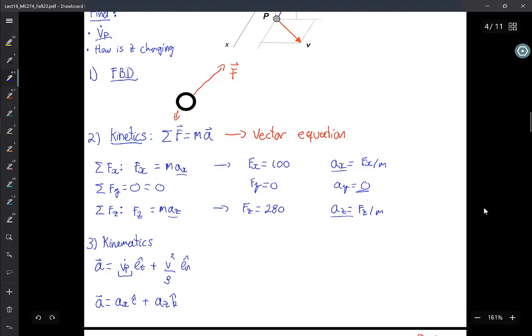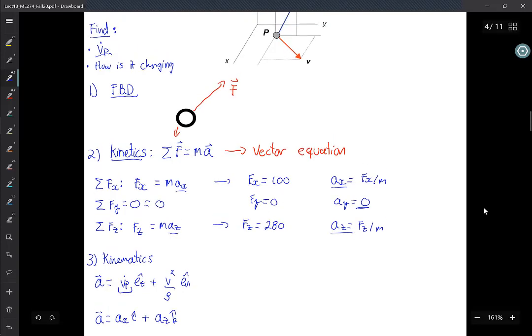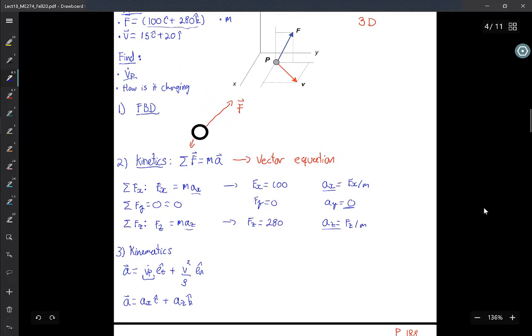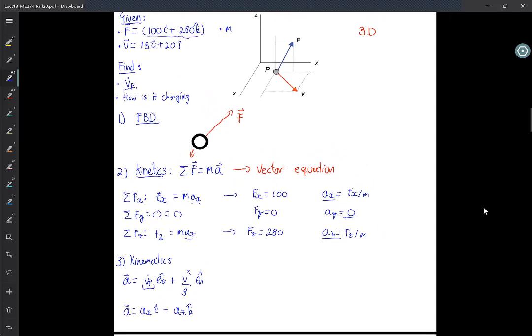Recalling that this one is 0. So what do we do? How do we find the rate of change of speed if we actually have the acceleration components in Cartesian? We use projections.